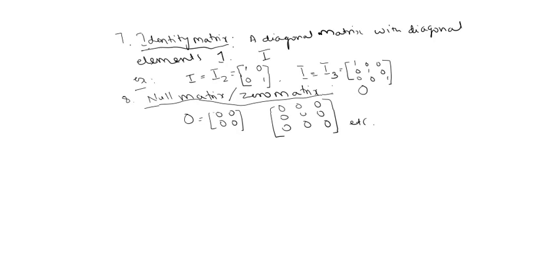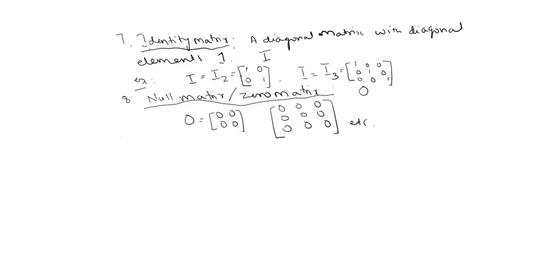Now we will see equality of matrices. Equality of matrices means when two matrices are equated, how those will be treated. I will take one example.